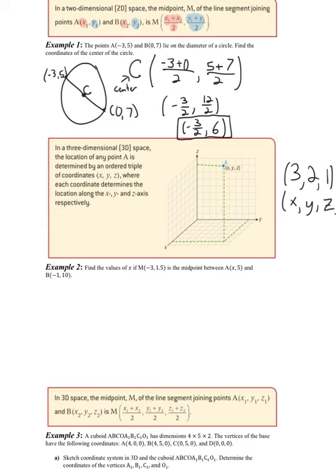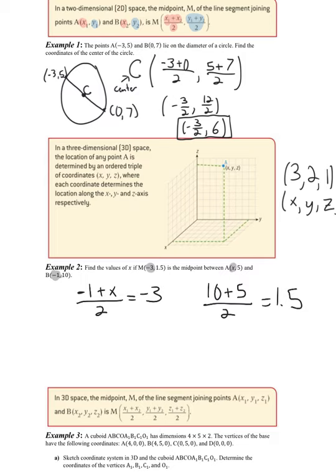So basically we're saying we have our x coordinates and we know it's -1 plus x divided by 2. That's equal to -3. The other one would be 10 plus 5 divided by 2 equals 1.5. That would be the idea to find the values of x if the midpoint is between 5 and 10, something like that.